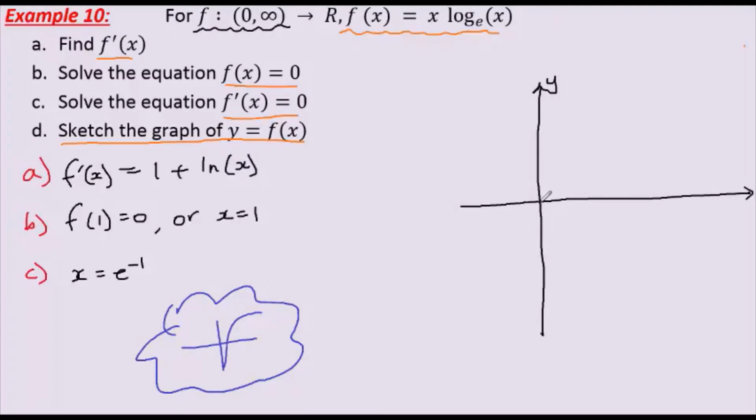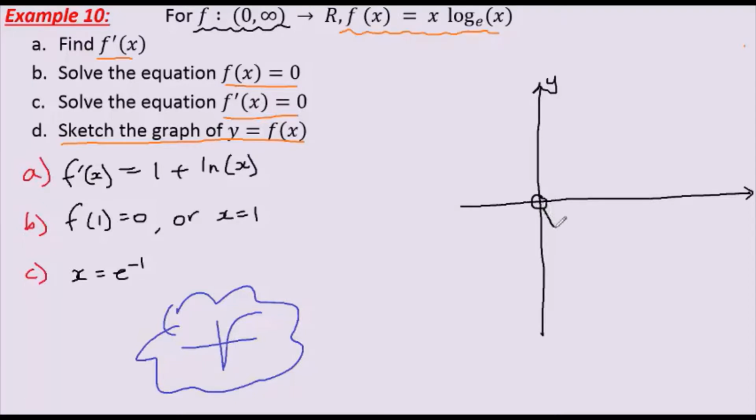Now remember, as I get very close to 0, this x will be multiplying a number here. So this will get very, very close to 0. It doesn't exist at 0, remember, but 0 times any number will be 0. So as soon as this log starts happening, the very, very smallest number will be really close to 0.